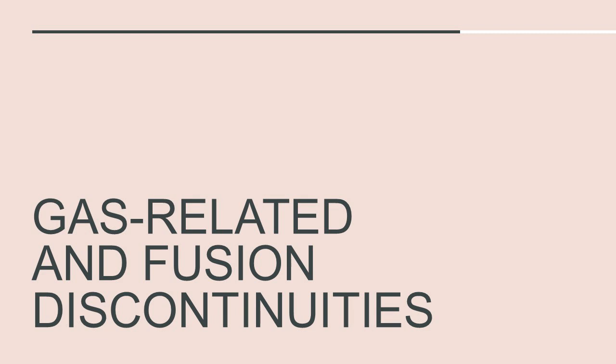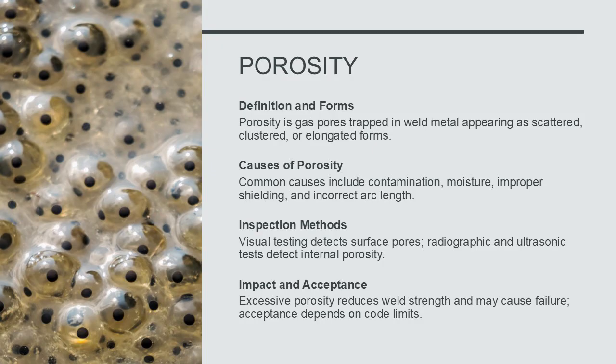Next, we'll discuss gas-related and fusion discontinuities, including porosity, incomplete fusion, and incomplete penetration. These are among the most common issues encountered during welding. Porosity refers to gas pores trapped in the solidifying weld metal. It can appear as uniform scatter, clusters, piping, aligned, or elongated forms.